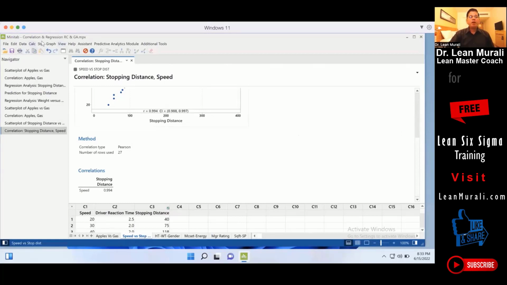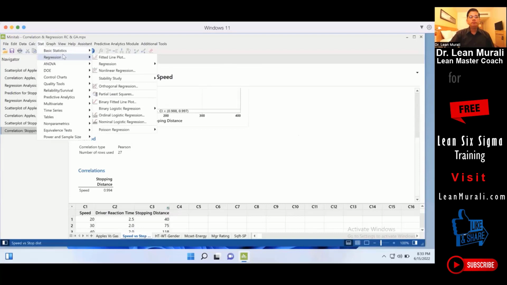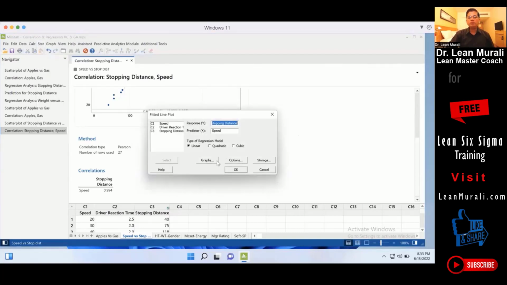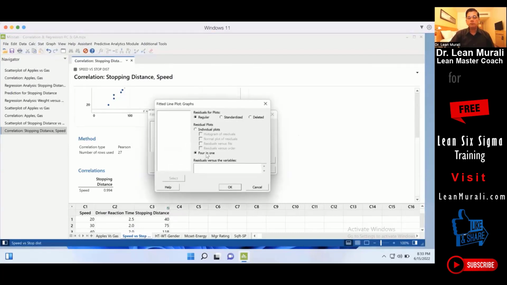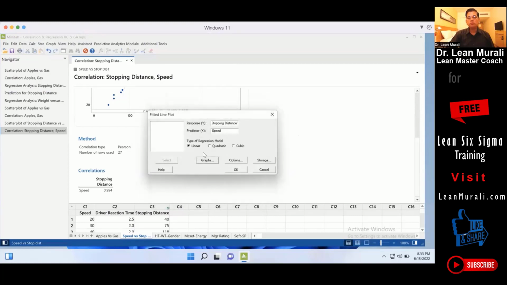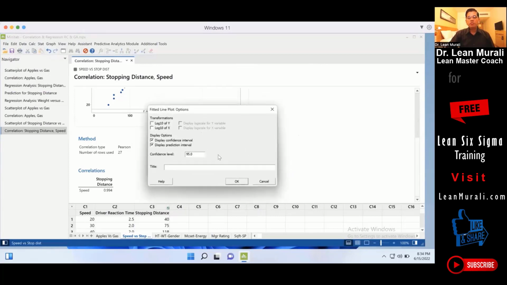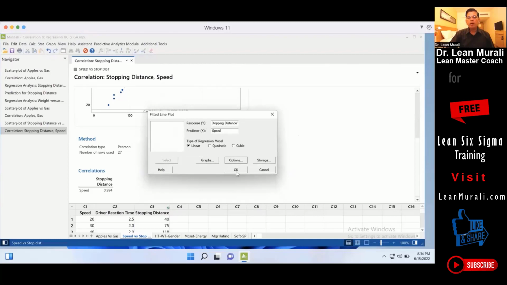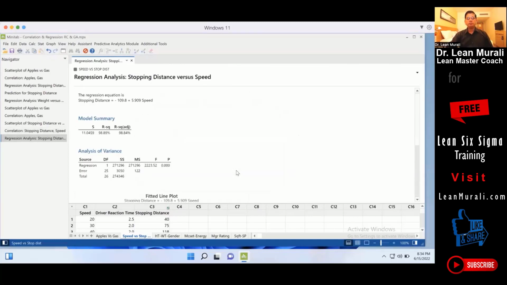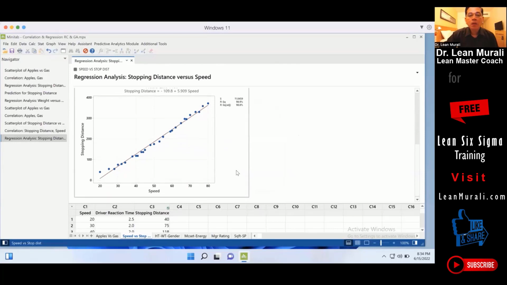Now we will do a fitted line plot. In Options, I'll remove the prediction for the time being and put a simple fitted line plot. In the fitted line plot, I want to explain something, so pay close attention.